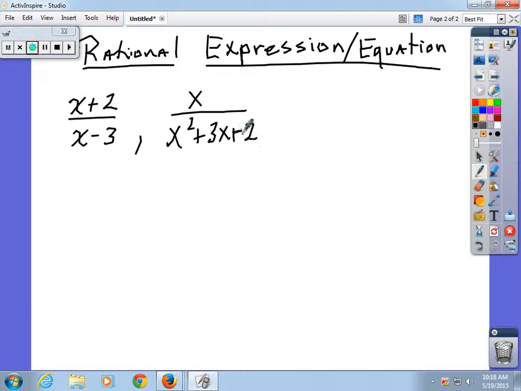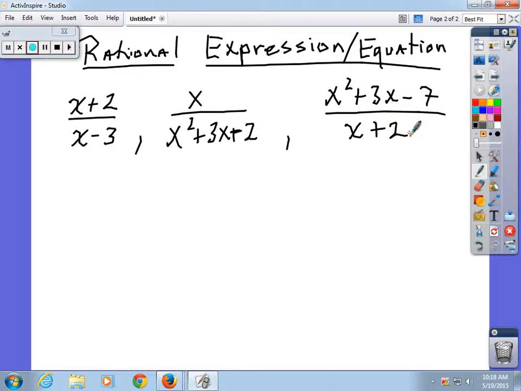That's a rational expression. x squared plus 3x minus 7 over x plus 2. That's a rational expression. So all of them are rational expressions, but basically just what? Fractions. Only instead of numbers, you have variables.